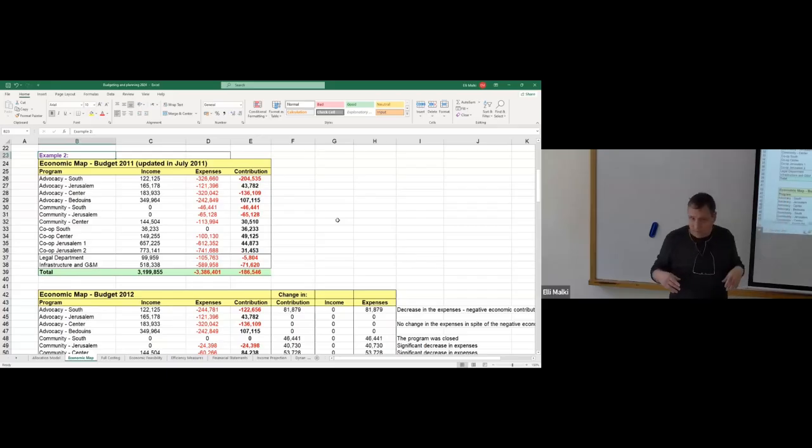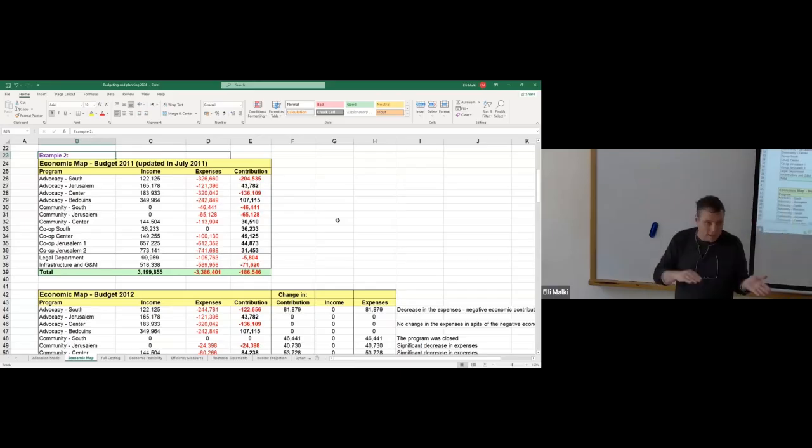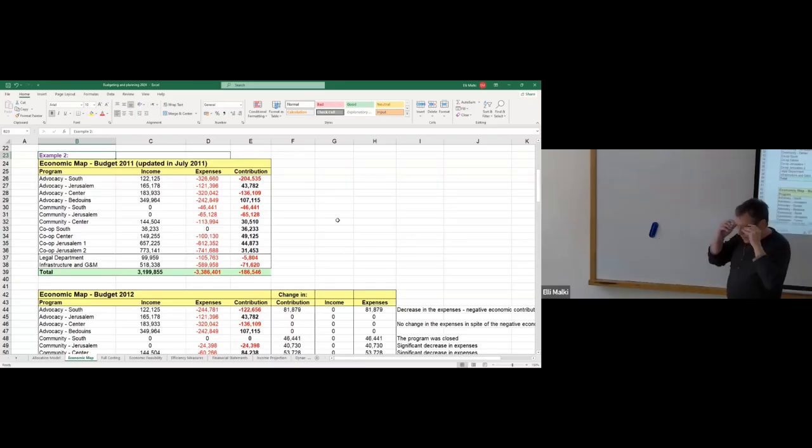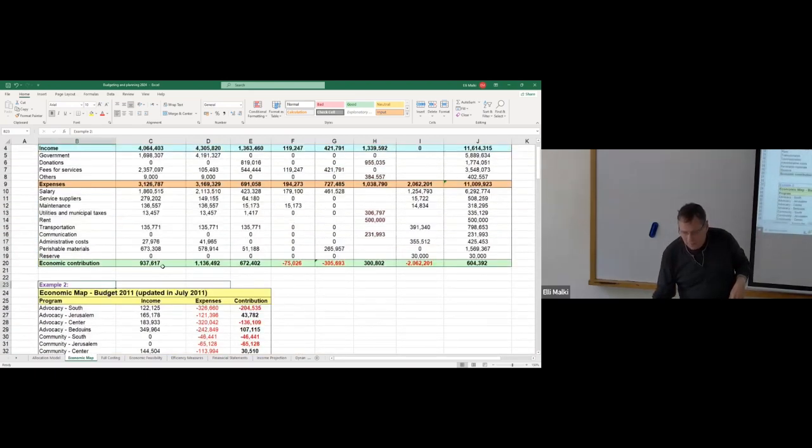However, in the previous example and also in your exercise, we presented them with a positive sign, which is the common way to present expenses. So it can be either like that or like that. Again, up to you. But I want you to be aware of the two methods. Now, the difference is that if we present expenses like here with a positive sign, then the economic contribution will be income minus expenses.